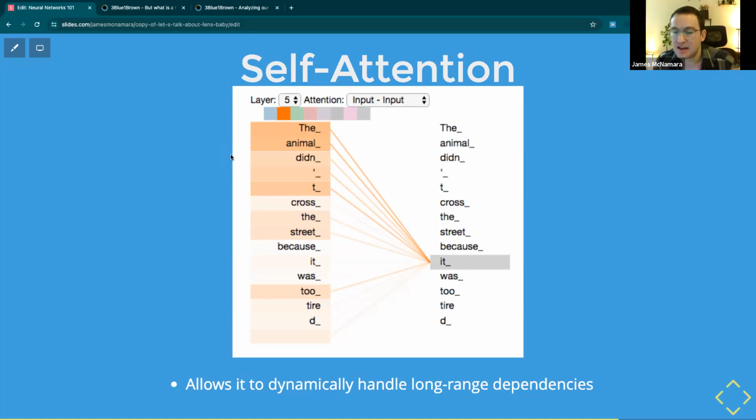And unlike past approaches, this was a completely dynamic calculation. The network internally would learn how much each word should depend on each other word. And that was a variable in the network that would then be trained along with every other weight and every other factor in the network. So those could change through time. It could dynamically learn when to pay more attention to one word or when to pay more attention to another.